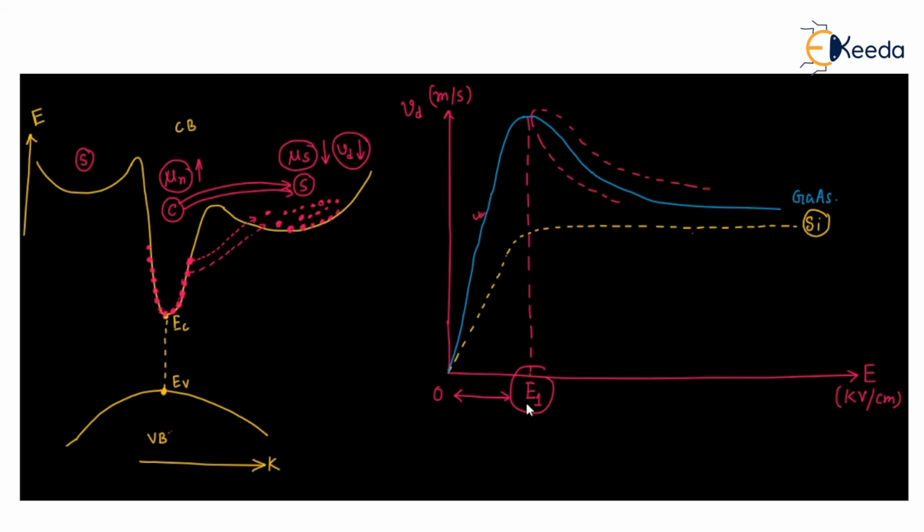So the drift velocity is decreasing because electrons are transferring from the central valley to the satellite valley and the mobility decreases. Since the mobility decreases, the current will also decrease. That means we are getting a negative differential resistance.